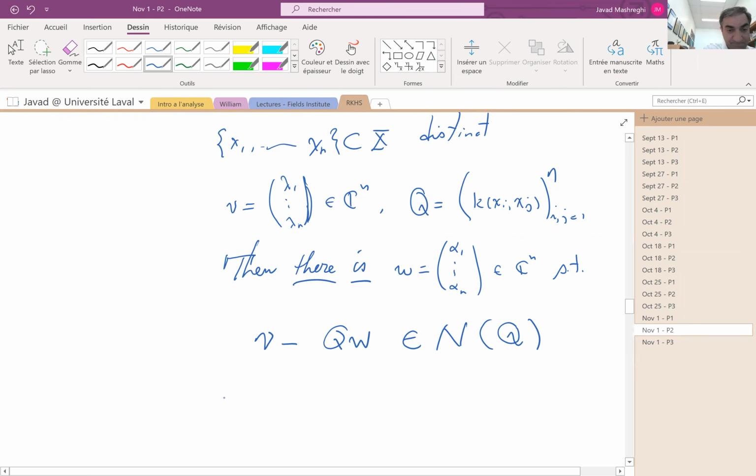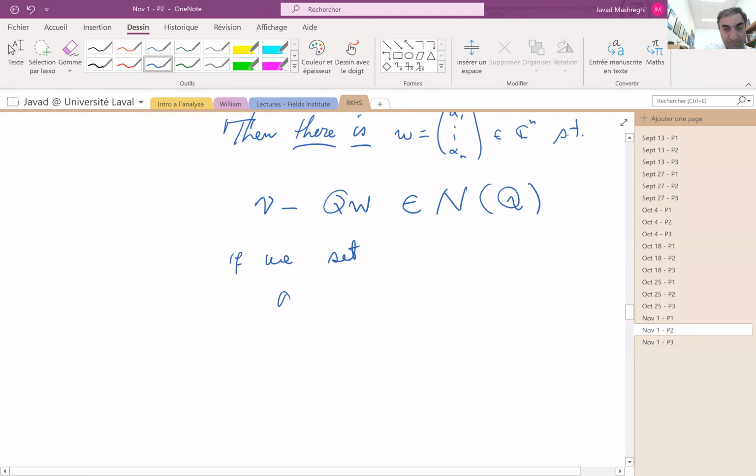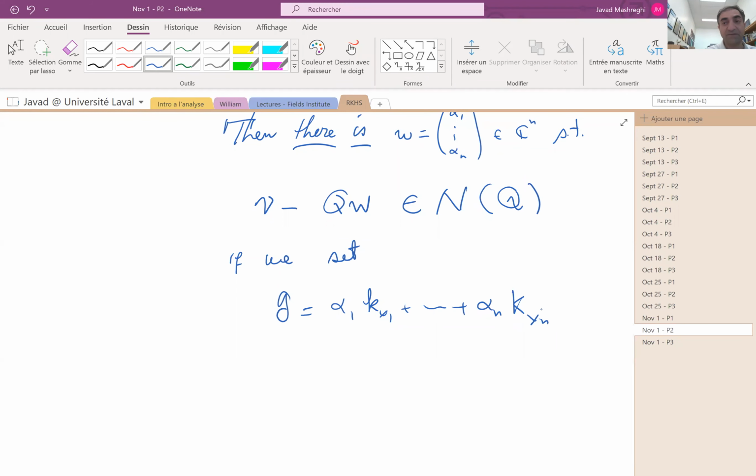If we set g using these alphas, alpha 1 kx1 plus up to alpha n kxn, then g minimizes the quantity J that we defined above.